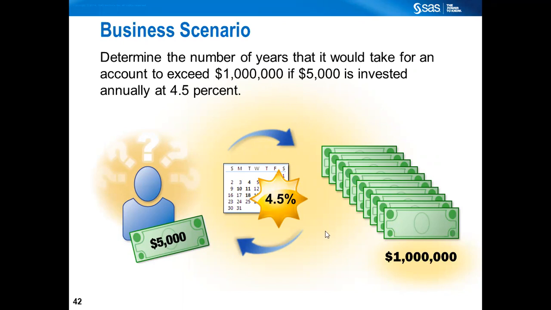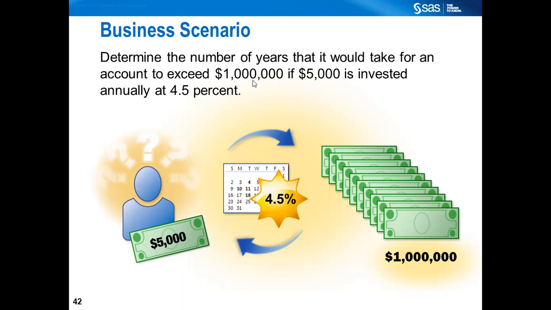Determine the number of years that it would take for an account to exceed a sum of 10 lakhs if 5,000 is invested annually at a 4.5% rate of interest.